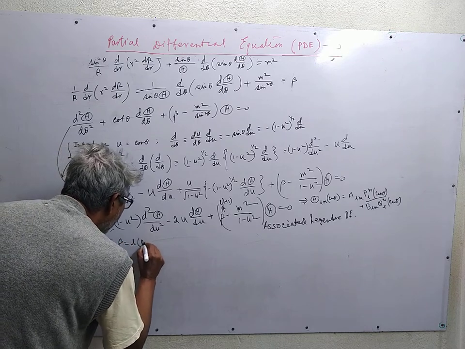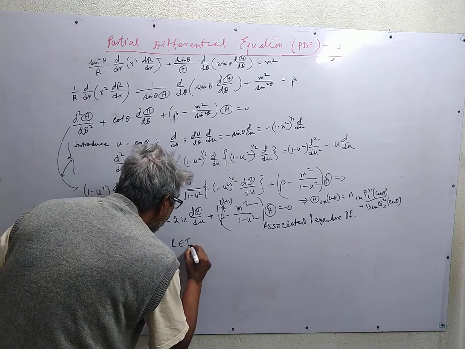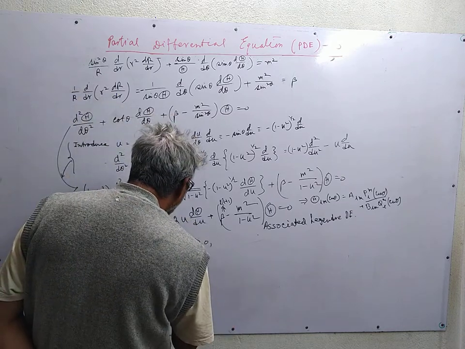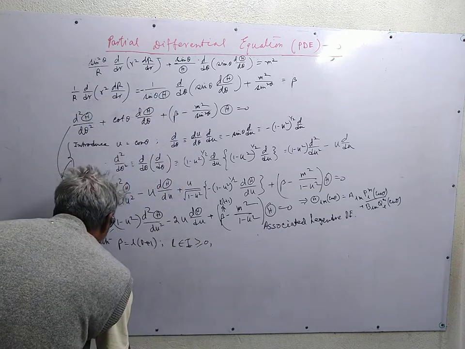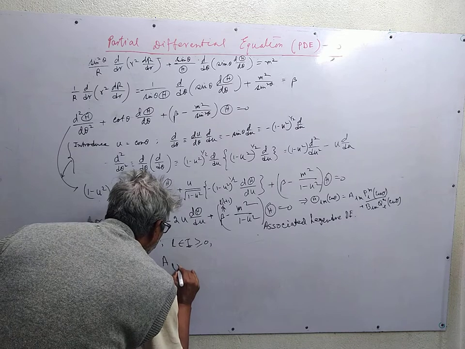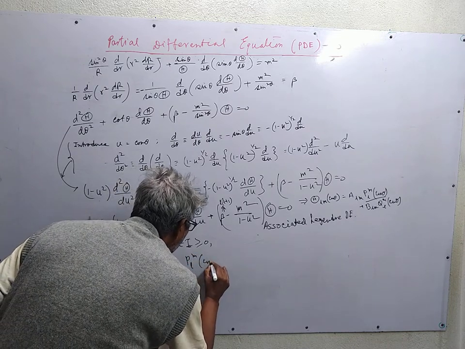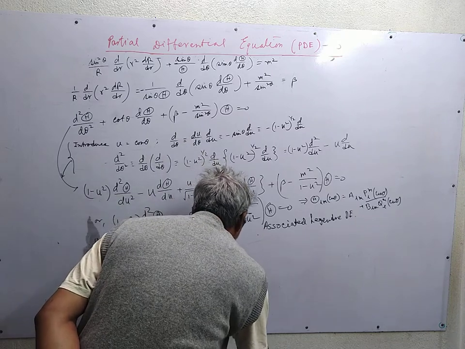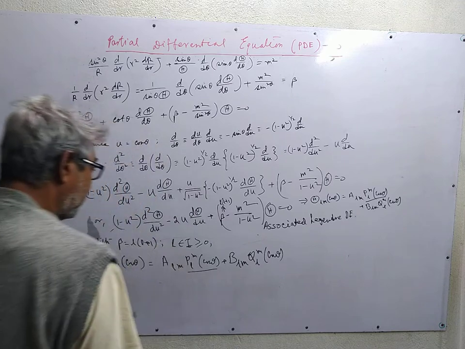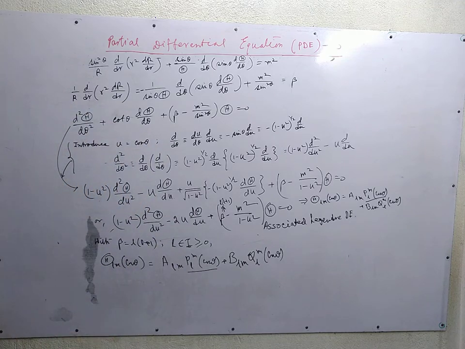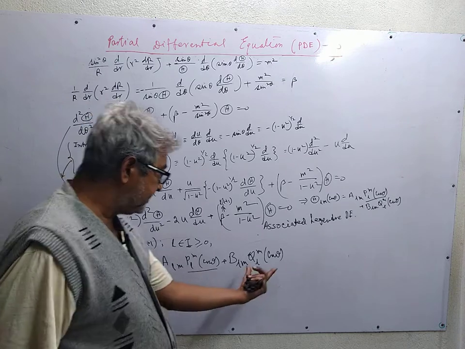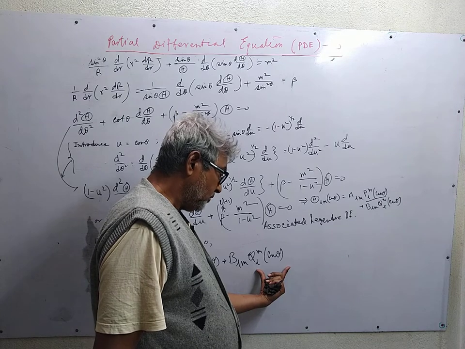So with beta is equal to L into L plus 1, with L belonging to integers greater than or equal to 0, the solution is known as associated Legendre polynomial. Here P L M is known as the associated Legendre polynomial of first kind, also known as the associated Legendre function of first kind, and Q L M is known as the associated Legendre function of second kind.